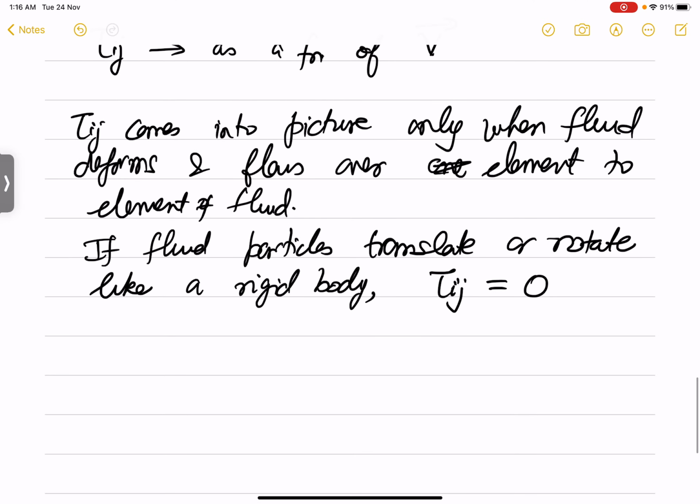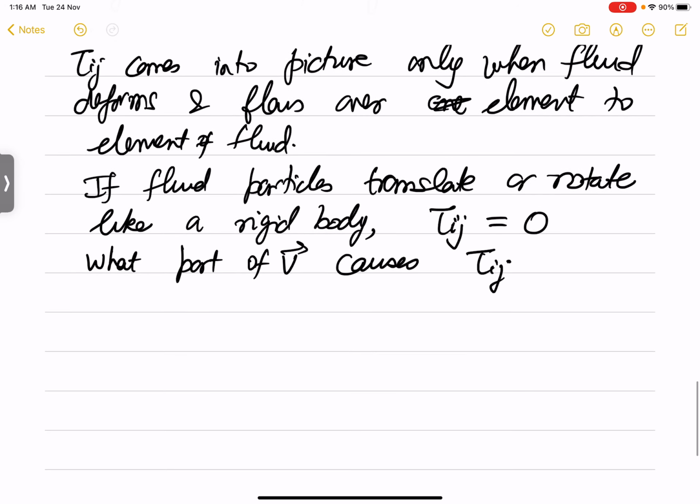So therefore, what we have to look at is what part of velocity causes tau ij, because we have to relate tau ij to velocity.